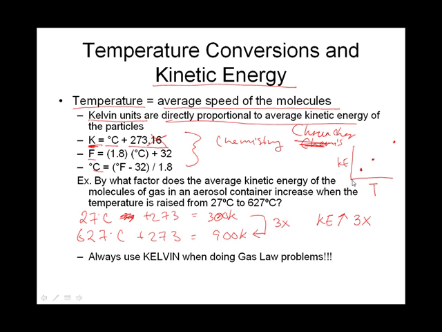And at a very, very low temperature, the kinetic energy of the particles must be 0, and this point is at 0 Kelvin. At 0 Kelvin temperature, the kinetic energy of the particles is 0.